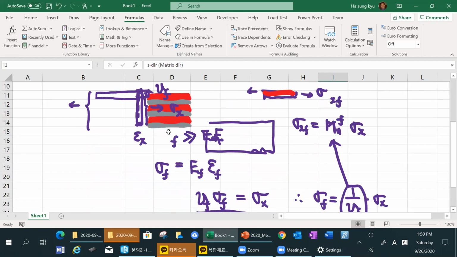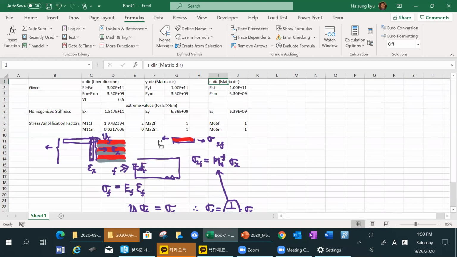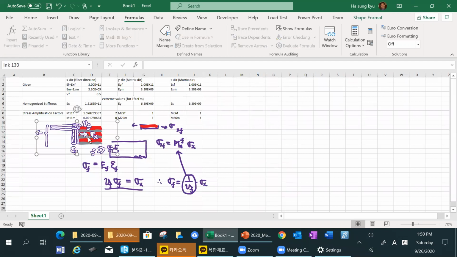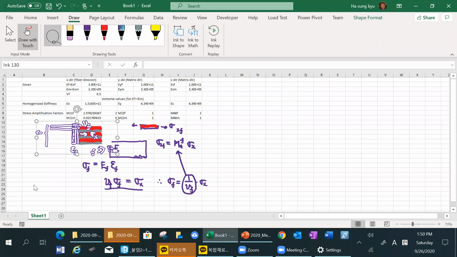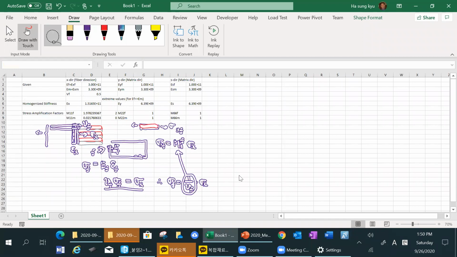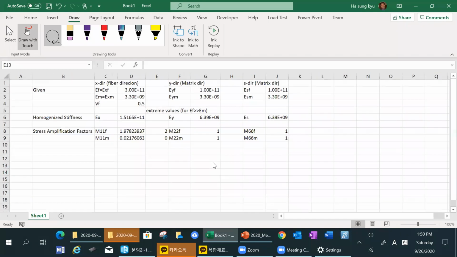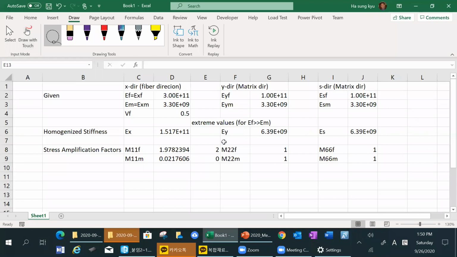So I like to get rid of these terms. And as you can see, now extreme value for, let's delete those terms.